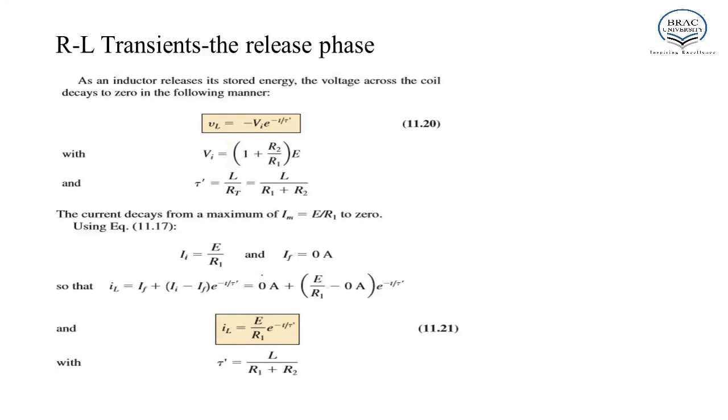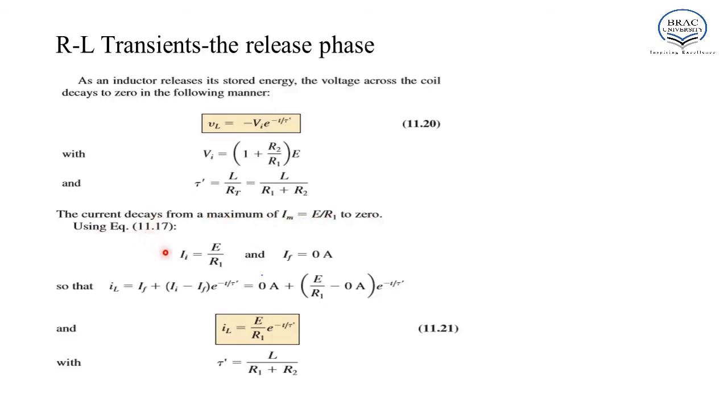Thus, as an inductor releases its stored energy, the voltage across the coil decays to zero in the following manner. VL equals minus VI times e to the power minus t by tau prime, where VI equals 1 plus R2 by R1 times E, and tau prime equals L by RT. The current decays from a maximum of Im equals E by R1 to 0.